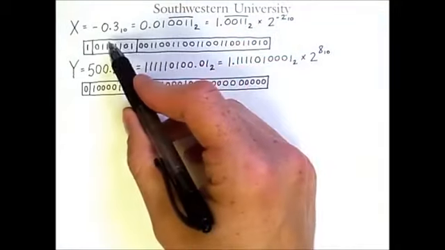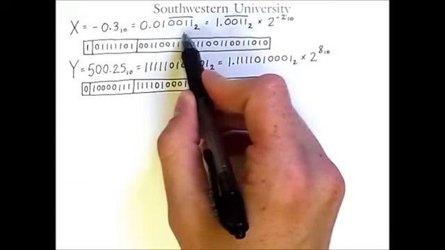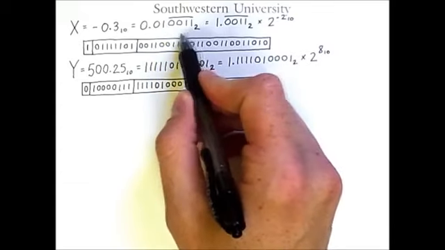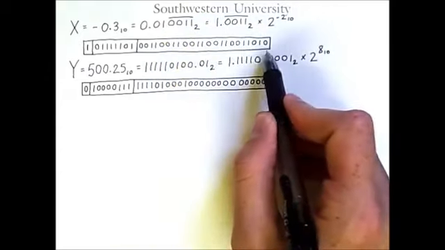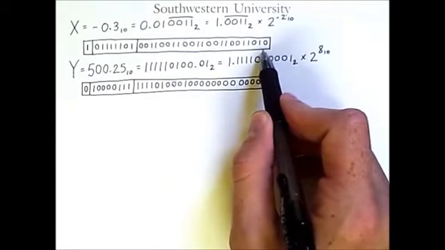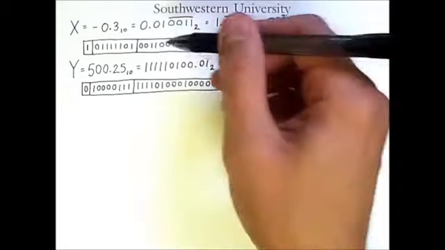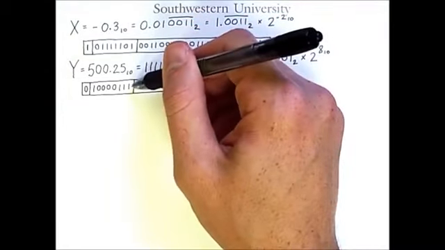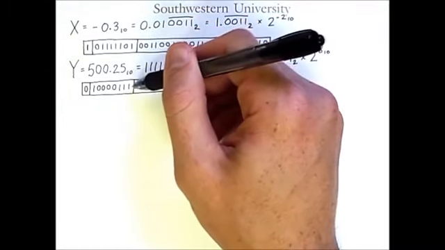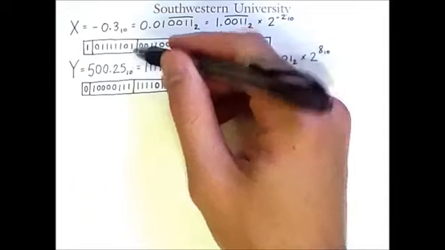Note that because 0.3 has an infinite repeating binary fraction, we had to do some rounding in the significand of the floating point representation. Also keep in mind that the bit patterns here are the biased exponents.